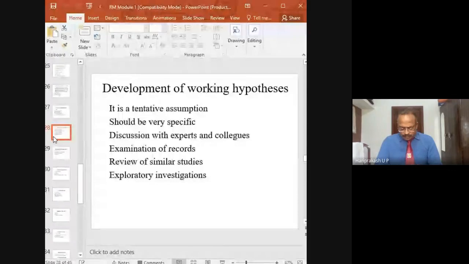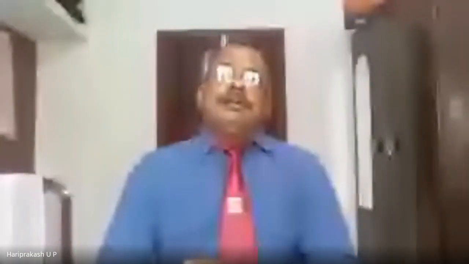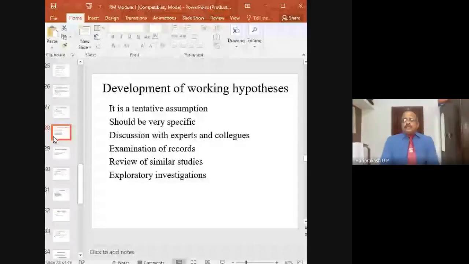For example, yesterday we were discussing that the sales are coming down. So that may be a business problem and a research problem, to find out what the reason is. Now we can frame a hypothesis. This is the area of our research, so what can be the hypothesis here?